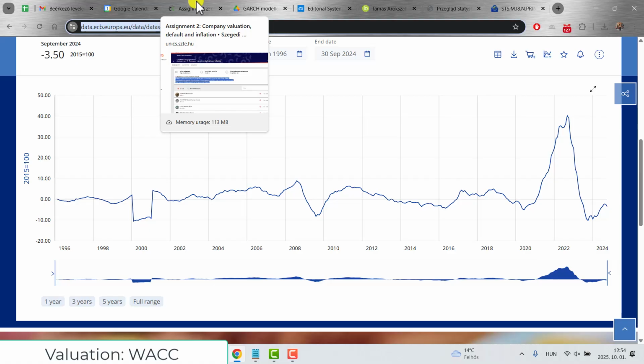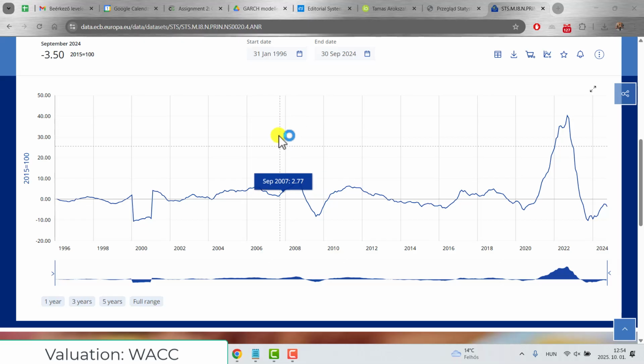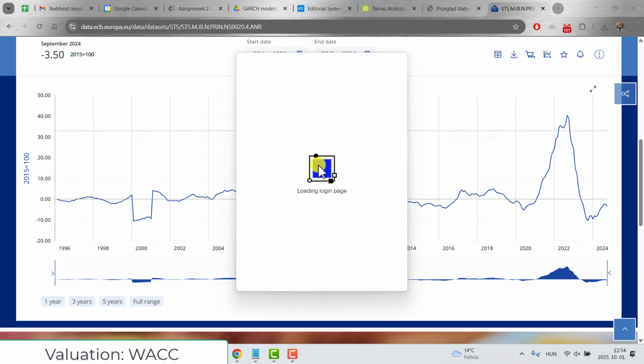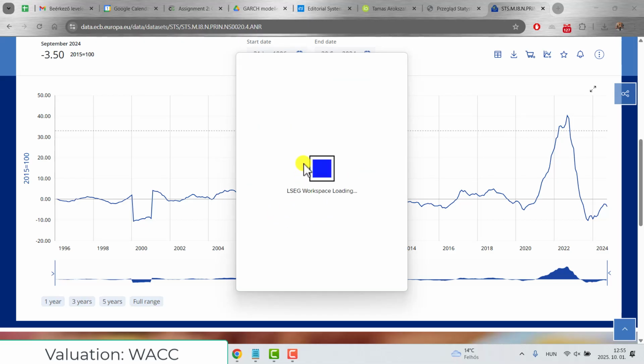Hopefully I can log in and I can check it. So launching the former Refinitiv Eikon database. Yes, I should be added.